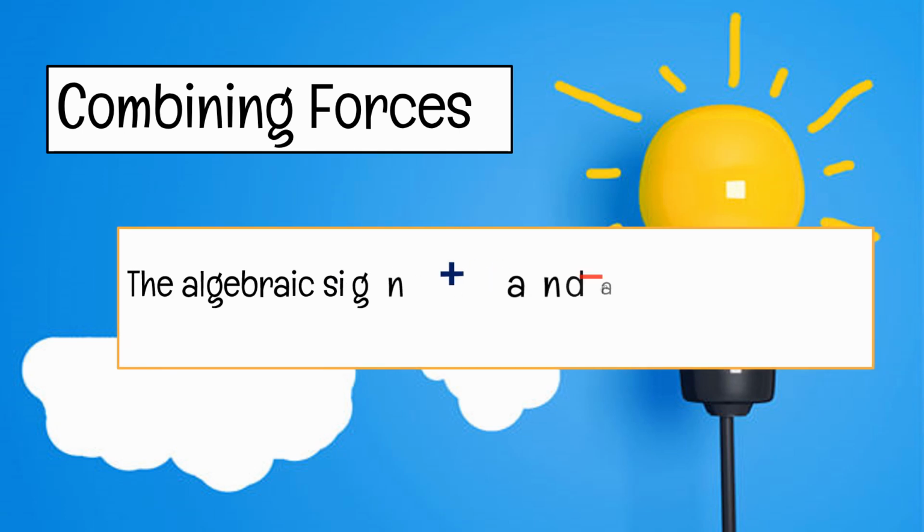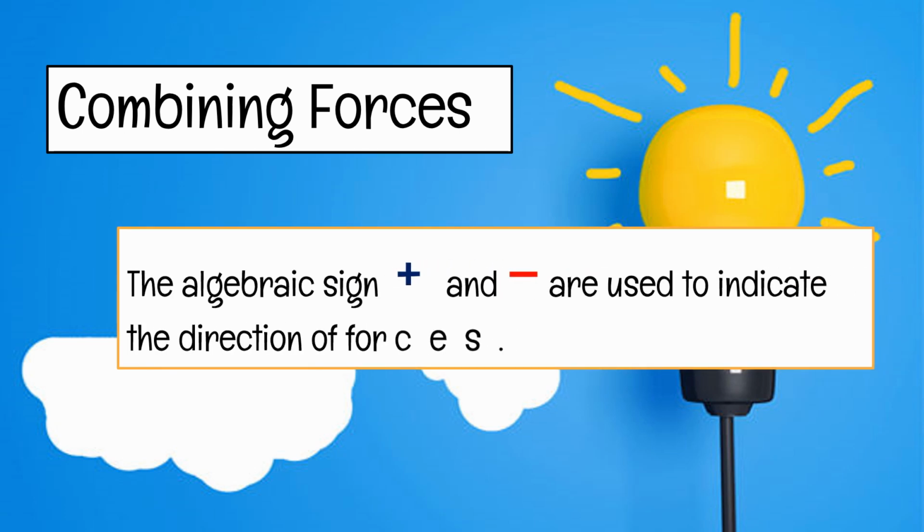The algebraic sign positive and negative are used to indicate the direction of forces. So we are going to use the positive and the negative signs that you have studied in your math subject here in forces to indicate their directions.